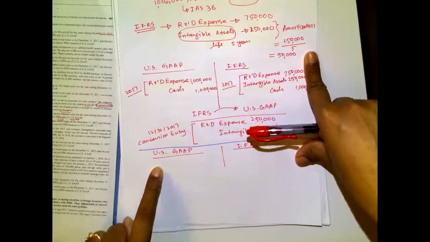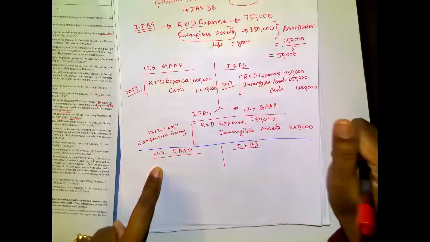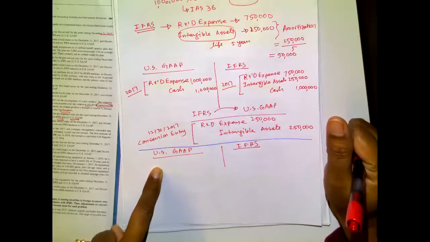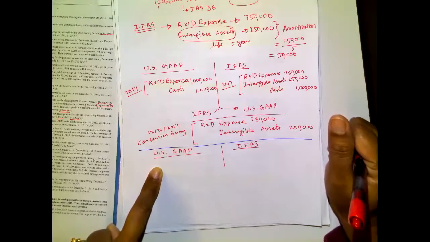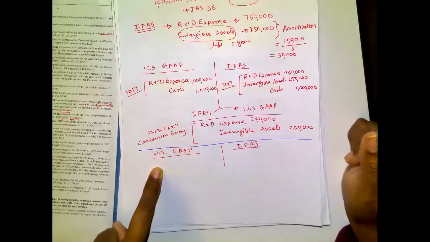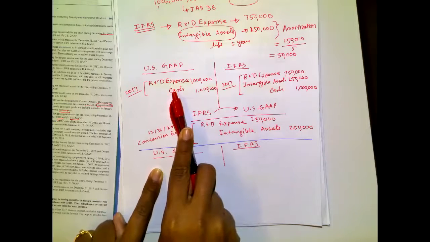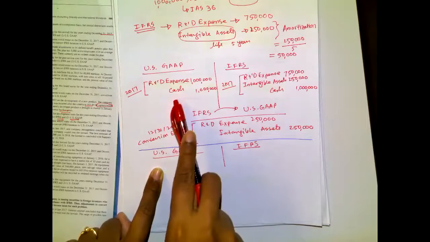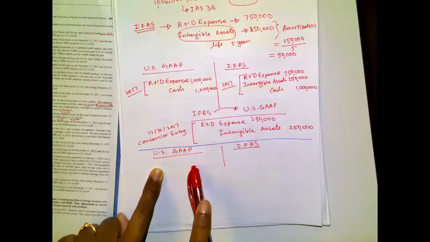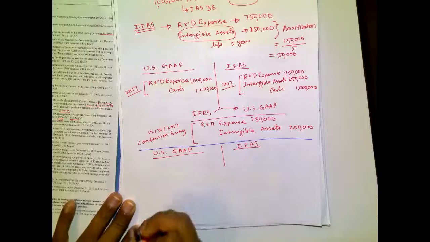How about US GAAP? Do you need to do anything under US GAAP? Actually, for US GAAP, you will do nothing, because under US GAAP, you spend it, that's it. You didn't show any asset, so you don't need to record any depreciation expense.